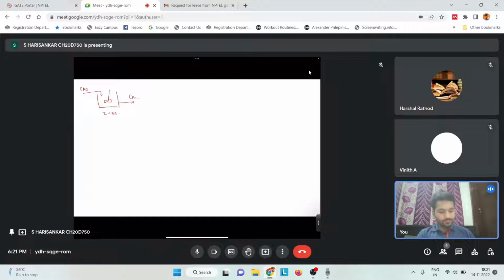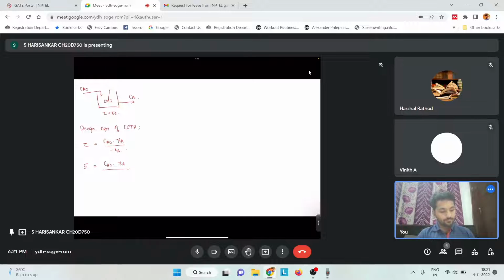So by design equation of CSTR, we can say tau is equal to Ca0 into Xa by minus Ra. So tau here is given as 5 seconds. So 5 is equal to Ca0 into Xa by minus Ra.